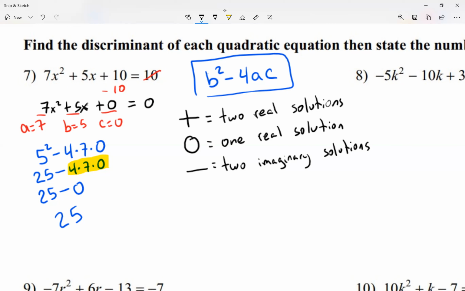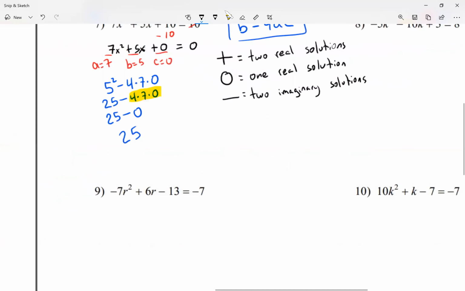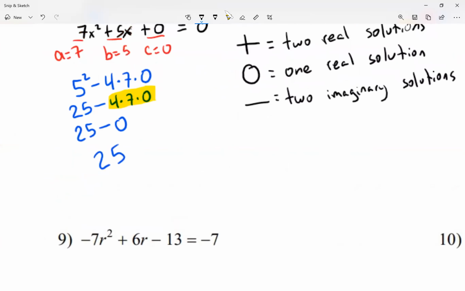Okay, now coming back to number 7, my discriminant is positive 25. So if I ask you, state the number and type of solutions, like I don't need to know the solutions. I just need to know what type of solutions I'm going to get. My answer in this case will be 2 real solutions.